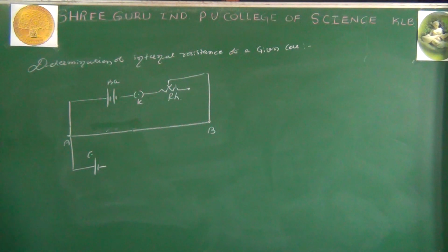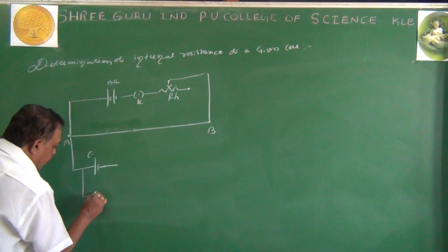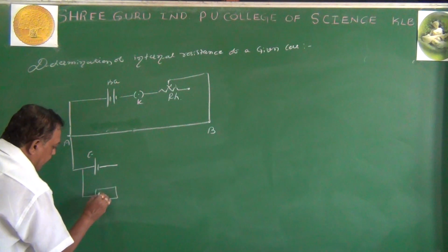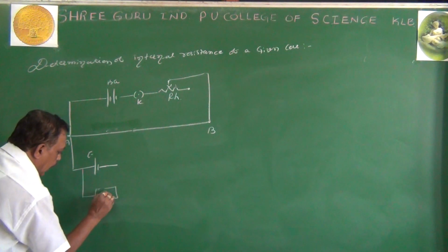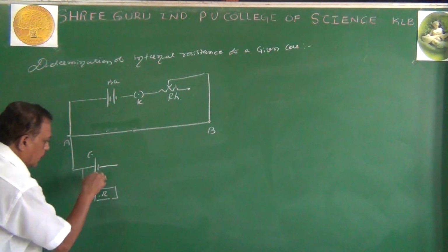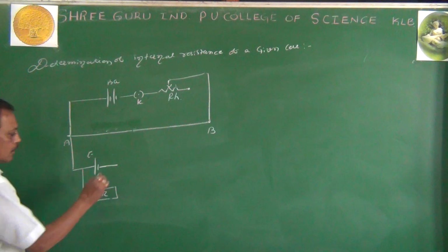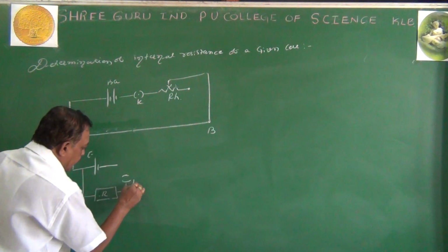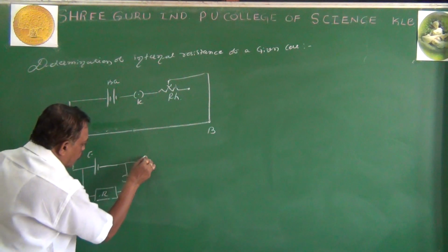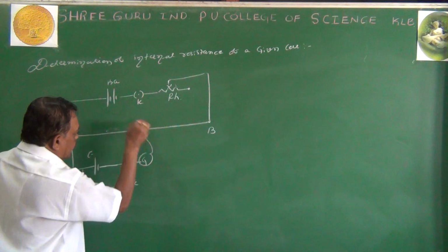Then I take the resistance box having the resistance R, and connect it in parallel to the cell. It is provided with a key, and it goes to the galvanometer. The galvanometer then goes to the jockey. Now this is our circuit.